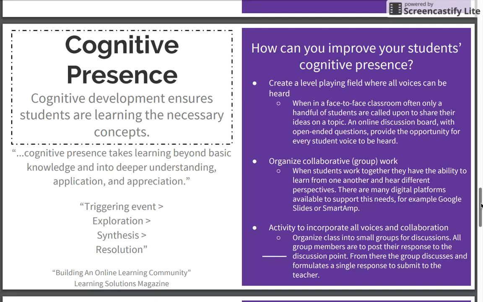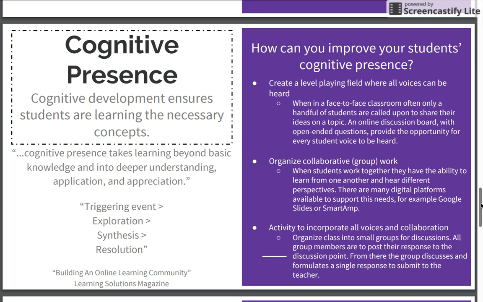And of course, doing this digitally, you might be able to use Google Slides. Smart Amp is another program that I know very well. And there's Glogster, and there's so many things out there that can help organize collaborative work. You can do Prezi. There's a ton out there.